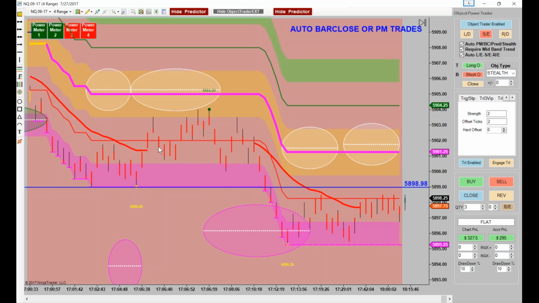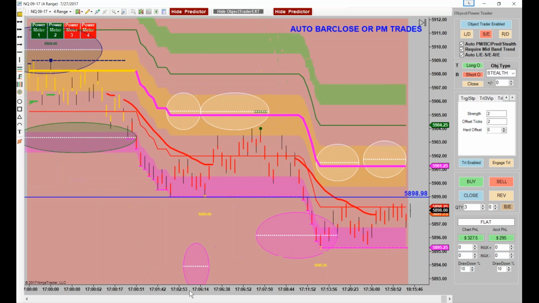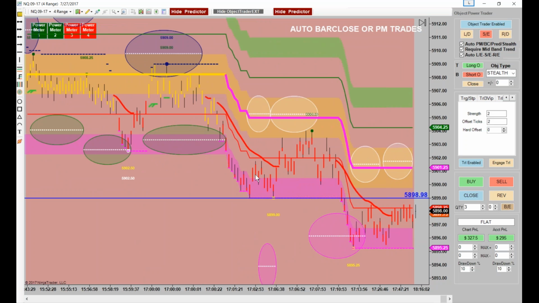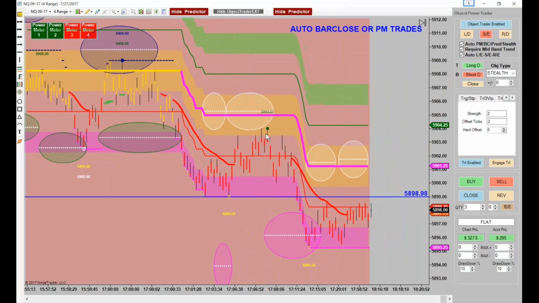Or you could simply do like we do. This is a great thrust down, little retrace, little thrust down, should retrace again, right? And that's what we're looking for. Doesn't mean you have to use stealth. We could use midband instead. See the midband or line 5 for a short.